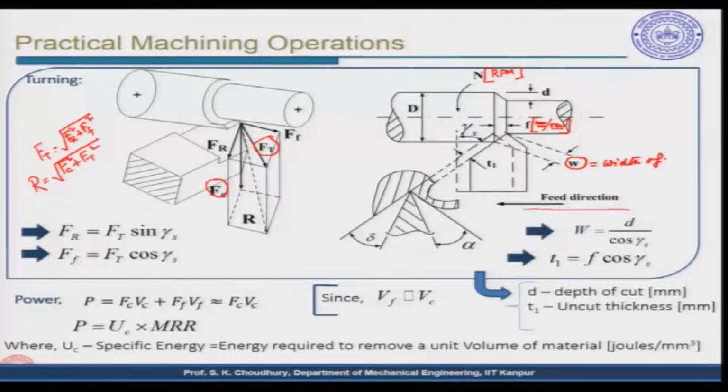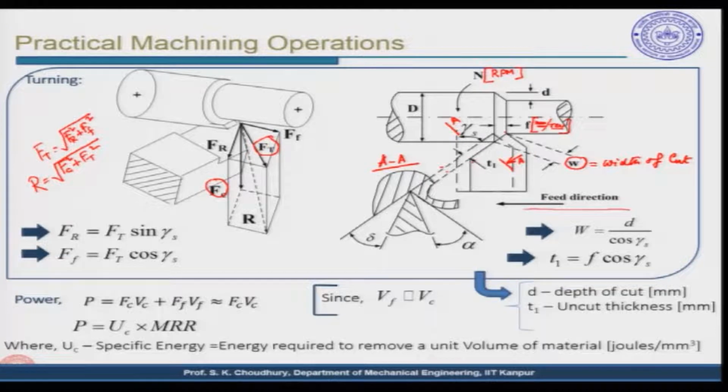Okay. I think somewhere it is written also. So, the width of cut, and if you now draw these 2 lines, extend these 2 lines, or take a section like this, let us say the AA section, the AA section will look like this. The distance between these 2 lines will be given as T1, which is the uncut thickness.